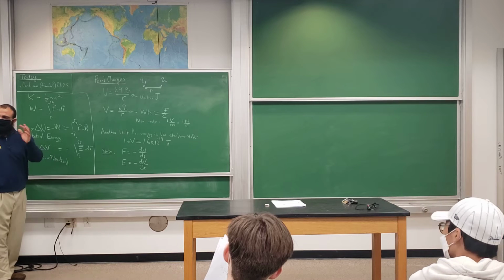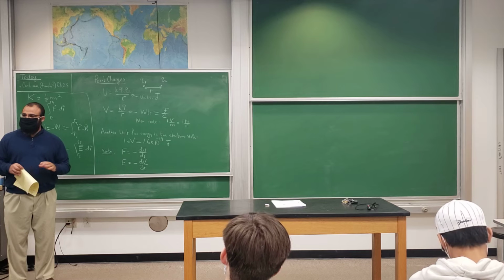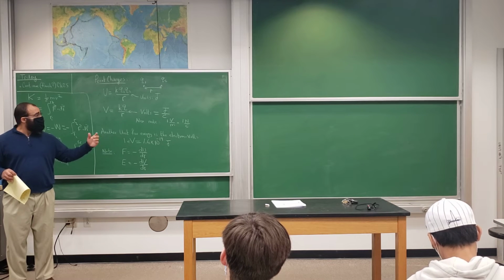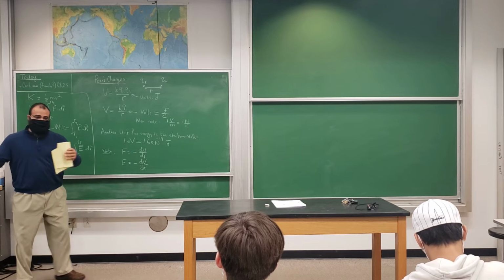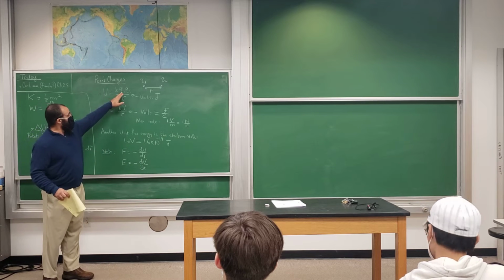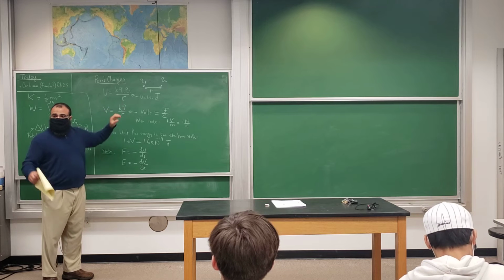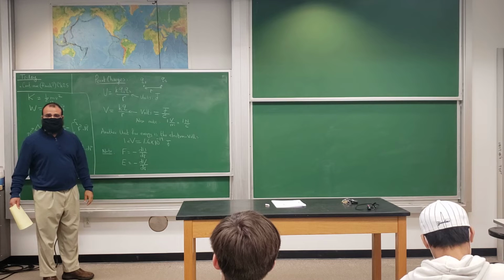By the way, for a spherical charge, once you're outside the sphere, it's like one point charge in the center. So if I have 2 charged spheres, the potential energy between them will also be kq1q2 over r, but the distance is measured from the centers of the two spheres.